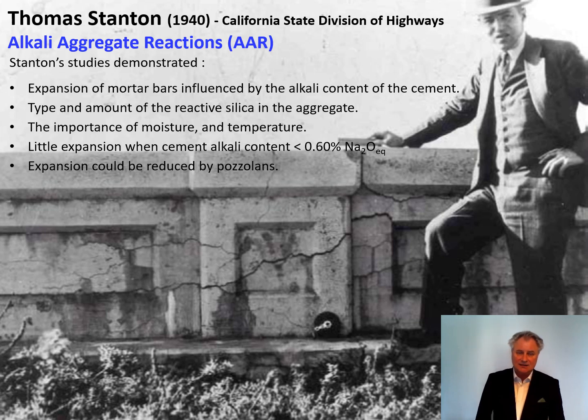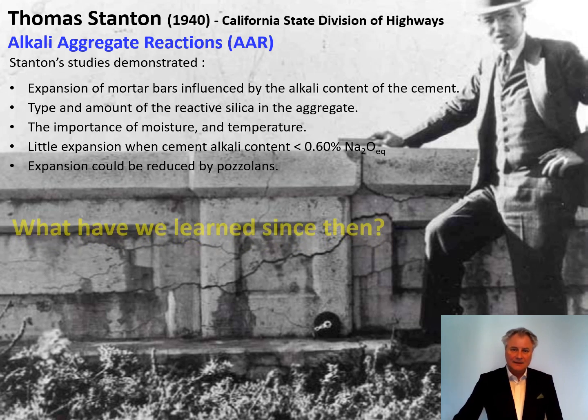And he also realized the importance of moisture, and that temperature will accelerate the reaction. And he found that if you had a low alkali cement, you could mitigate the reaction. And actually he also realized that expansion could be reduced by adding pozzolans like fly ash, silica fume, etc. So he did a great job.